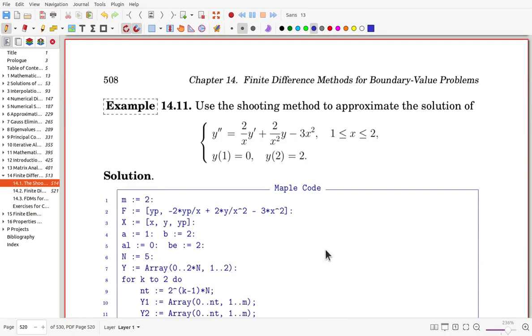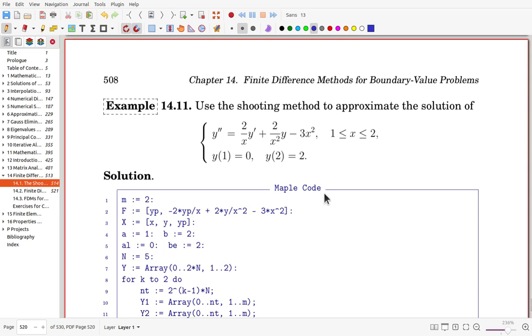Now, we go back to the boundary value problem from 1 to 2. At 1, the value is 0. At 2, the value is 2. And we have a second order linear differential equation.